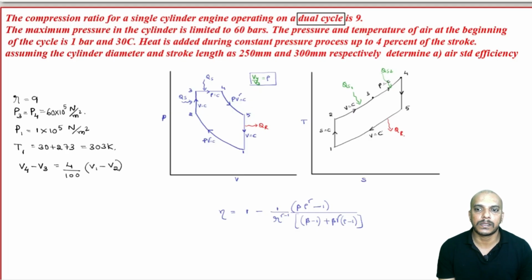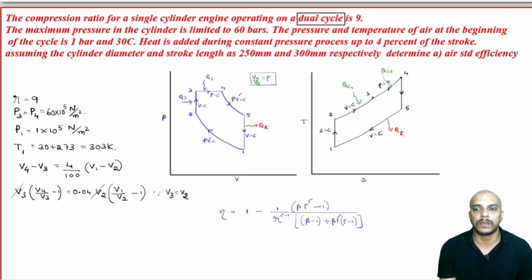We know how to solve this. We can take V3 common here, so it will be V4 by V3 minus 1, which is equal to 0.04. We can take V2 common here, so this will be V1 by V2 minus 1.